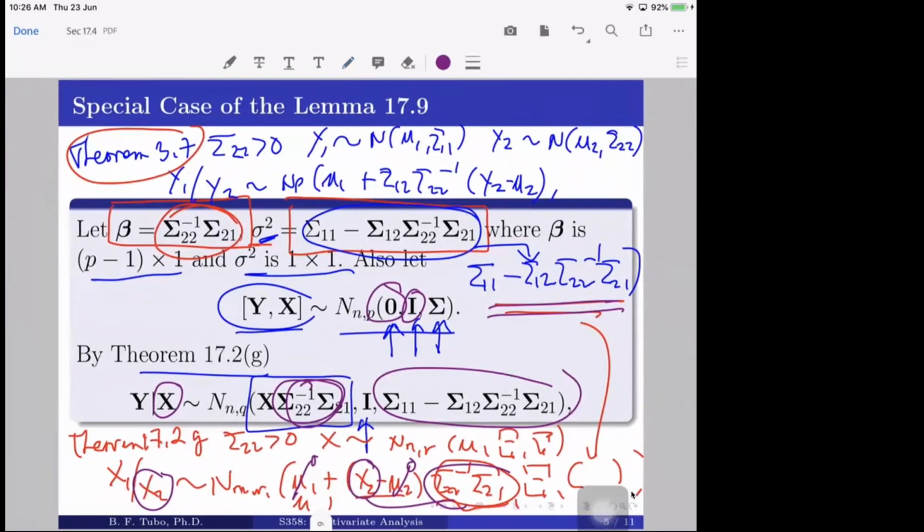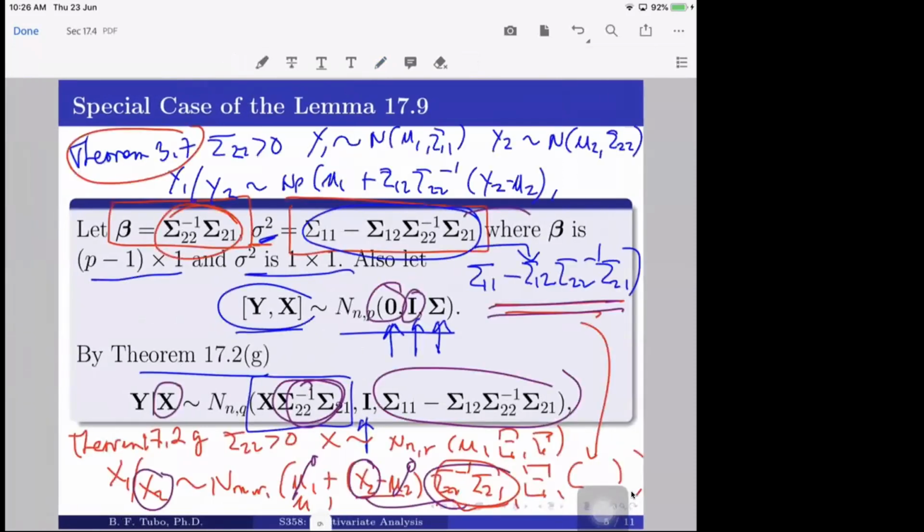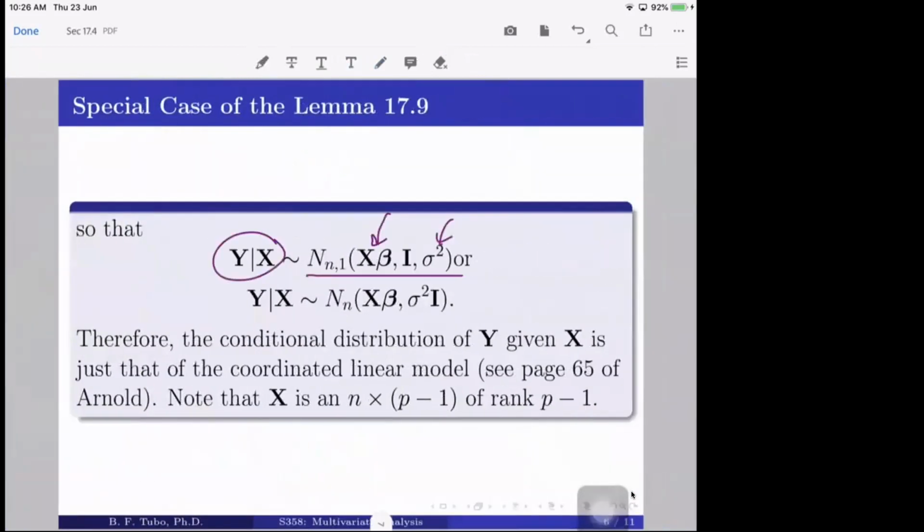So that is x beta I, and then by notation sigma is the upper component, which is sigma 1 1 minus sigma 1 2, sigma 2 inverse, sigma 2 1. That is simplifying the terms in terms of beta and sigma.